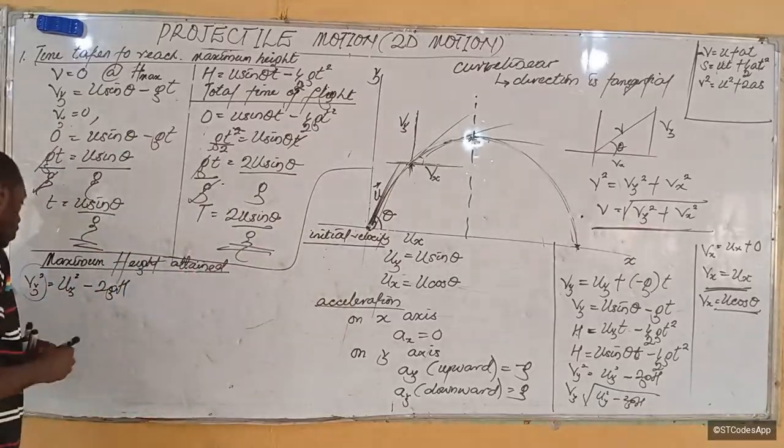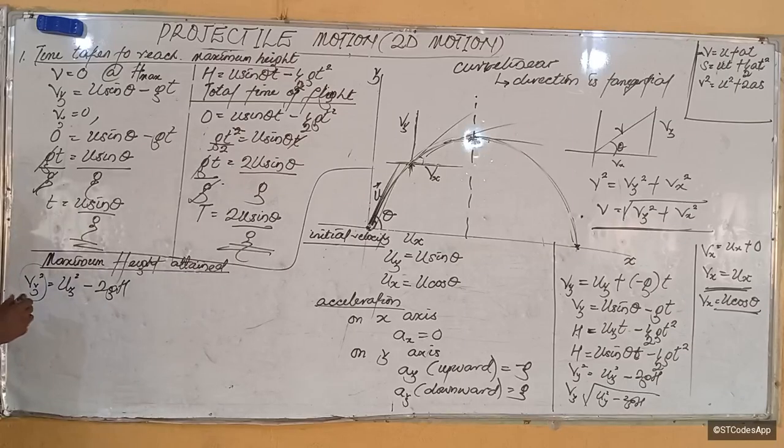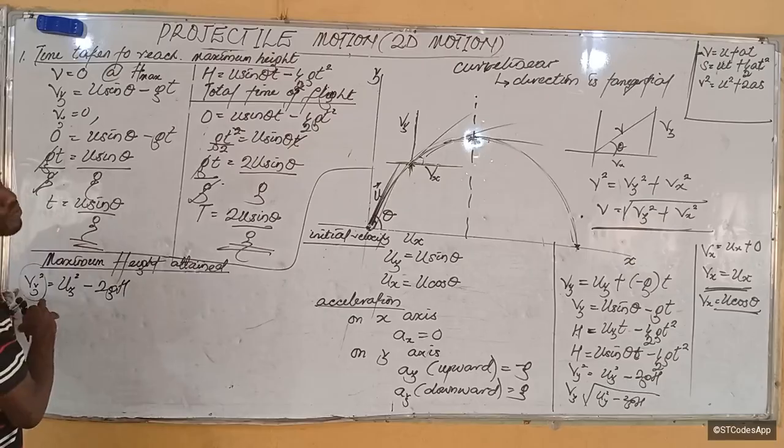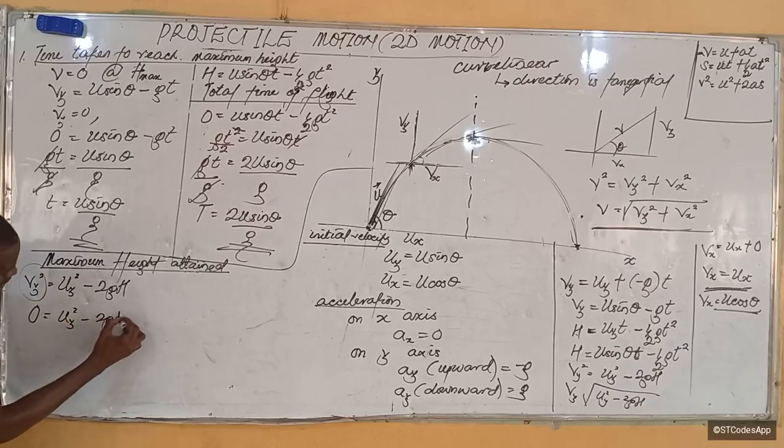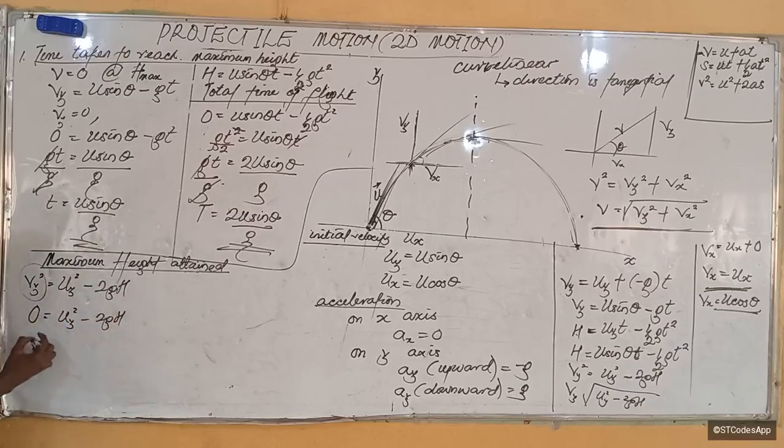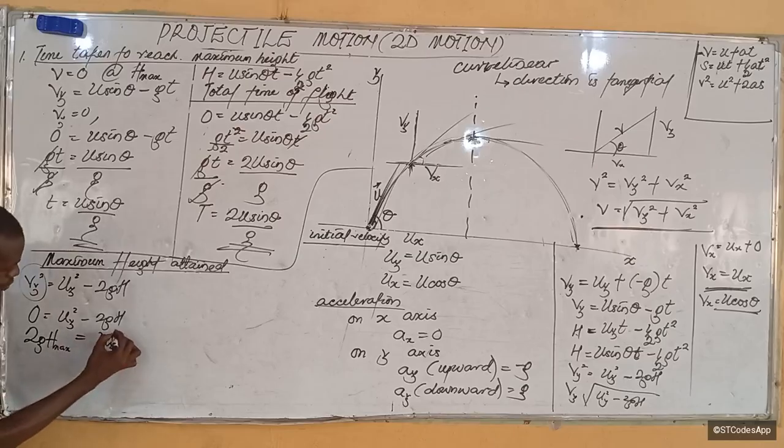So here's what happens. 0 equals u sub y squared minus 2gh. Let this h come here, but this time it is now h max. So it will be 2g h max equal to u sub y squared. Now what is u sub y?